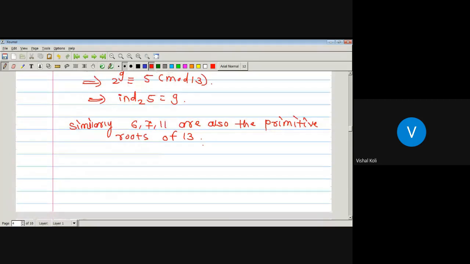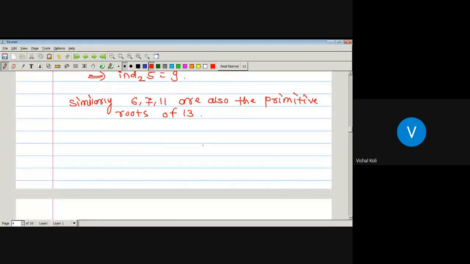Okay, now just find out the index of integer 5 relative to these primitive roots 6, 7 and 11. So 6 square will be 36. What is the value of 36 over modulo 13?